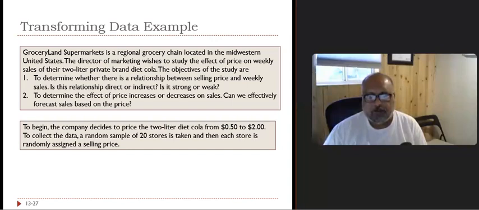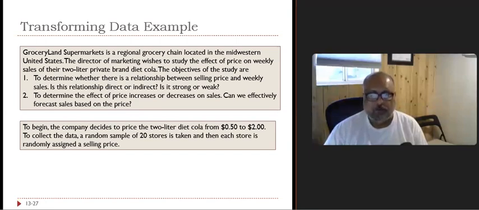The objectives of the study are, number one, to determine whether there is a relationship between the selling price and weekly sales. Is this relationship direct or indirect? Is it strong or weak? Number two, to determine the effect of price increases or decreases on sales. Can we effectively forecast sales based on the price?